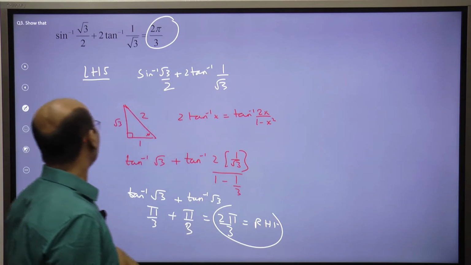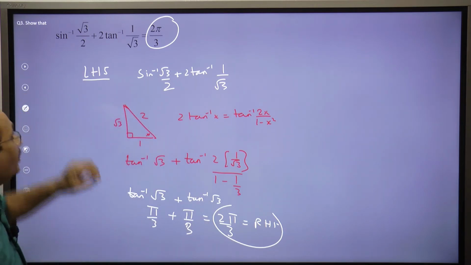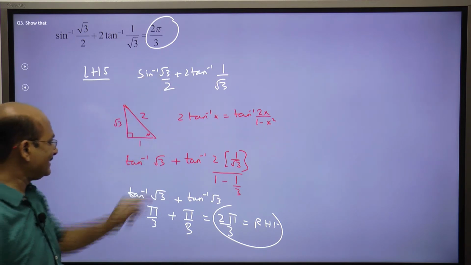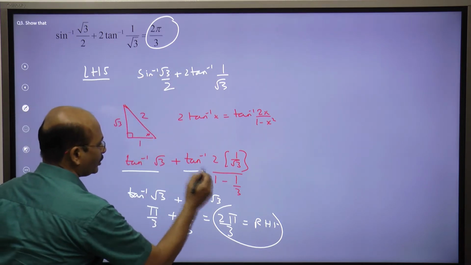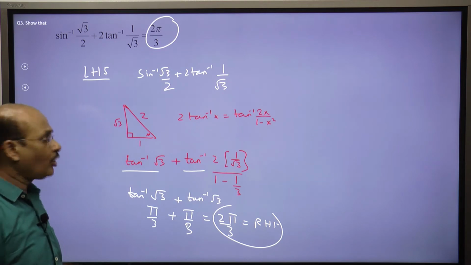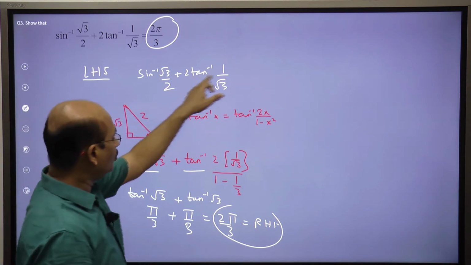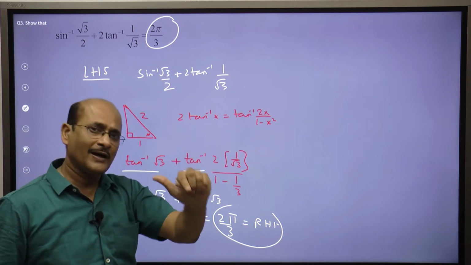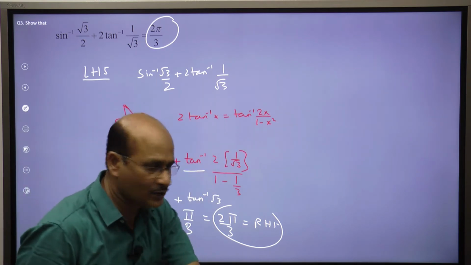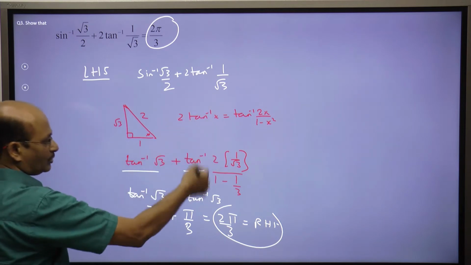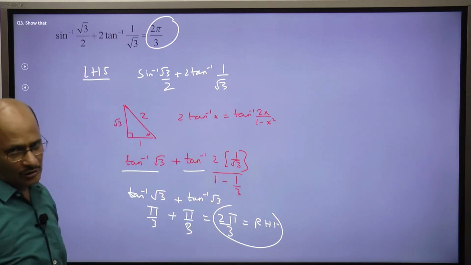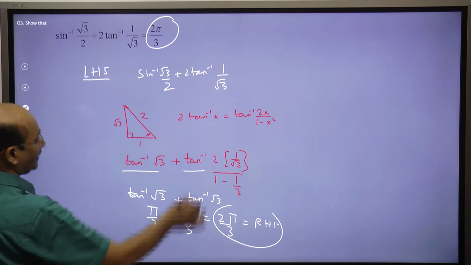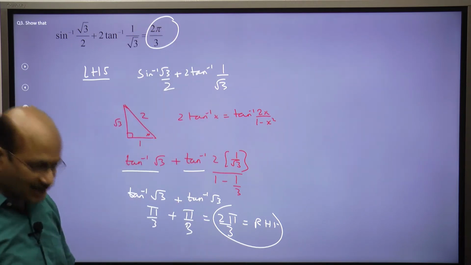Similarly here, if I want to prove, LHS convert into one single ratio, that is the same ratio, tan inverse, or you can keep the sin inverse as it is, 2 tan inverse x, you know the formula of 2 tan inverse in terms of sin inverse, 2x upon 1 plus x square, right? So you can do that also and use the formula. So keep that in mind. So pi by 3 plus pi by 3, I got to prove RHS.